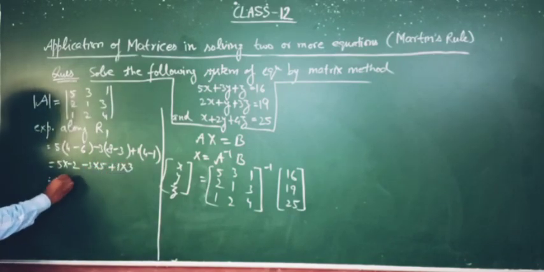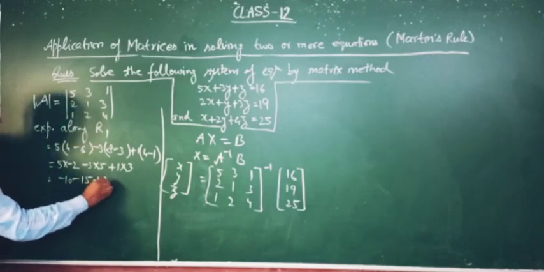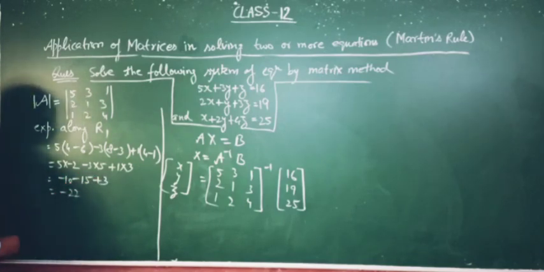That is negative 10, negative 15 and plus 3, equal to negative 22. It means the determinant of A is not equal to 0.